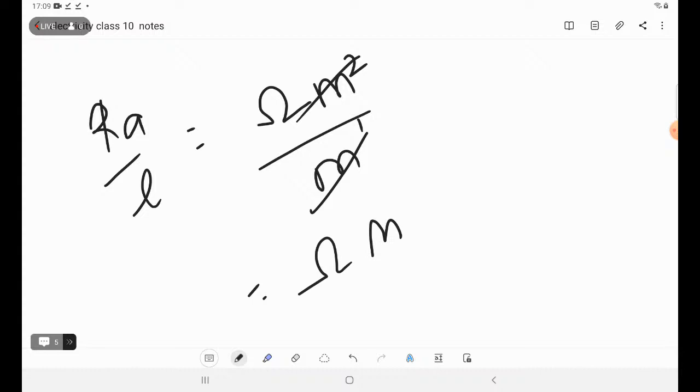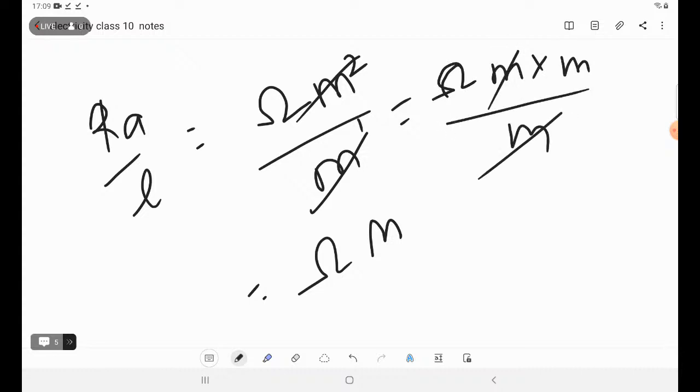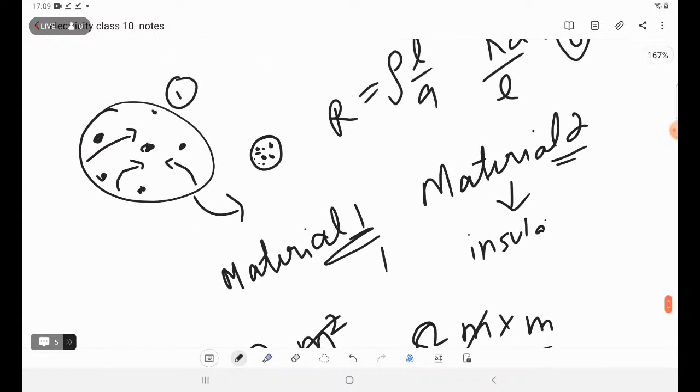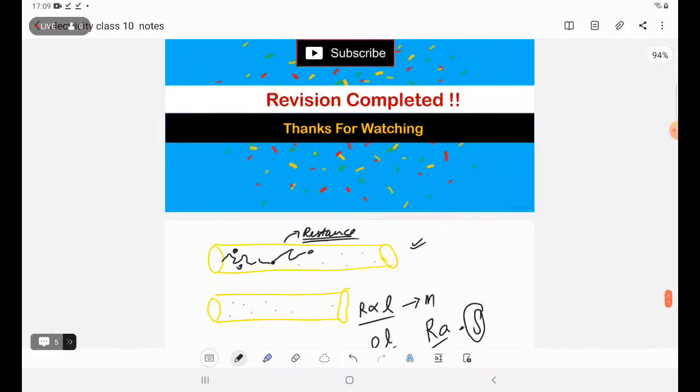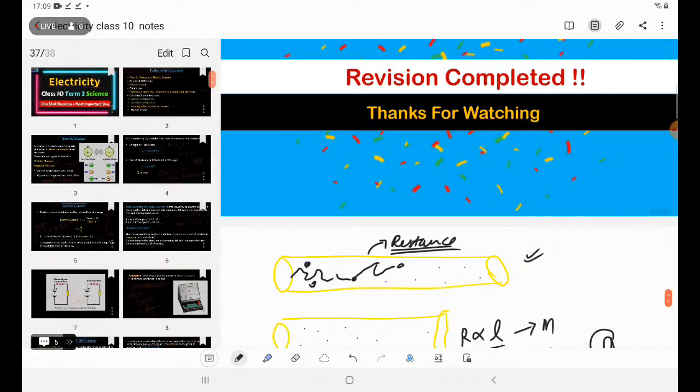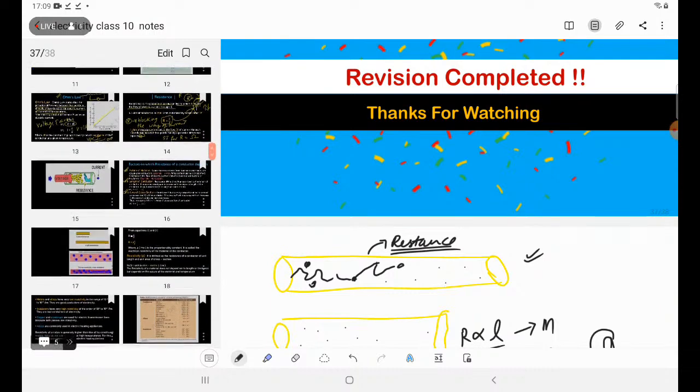So ohm meter, because this is meter square and this is meter. In simple words, ohm meter square by meter, meter gets cancelled. So ohm meter is your SI unit of rho. Rho is the resistivity, means how much it can resist or oppose the flow of current. Each and every material has its own resistivity.